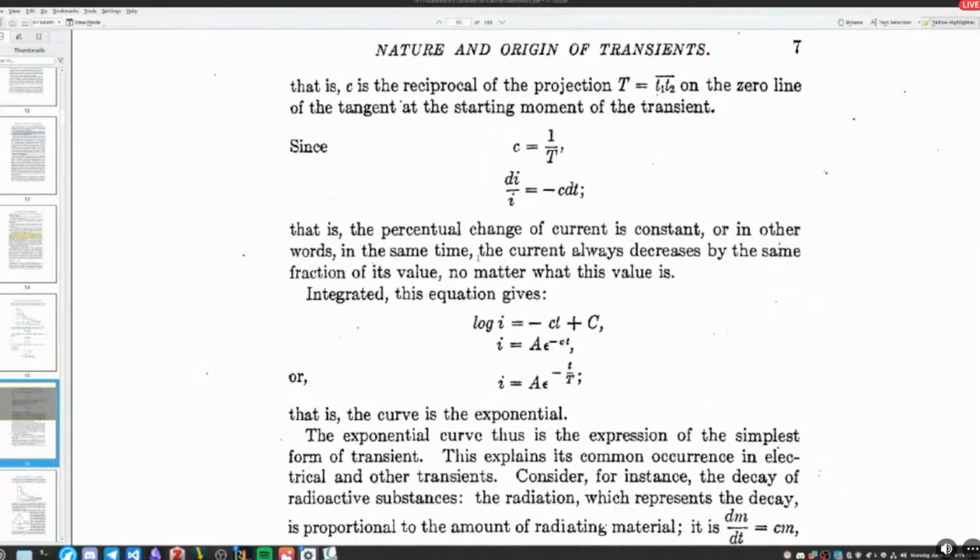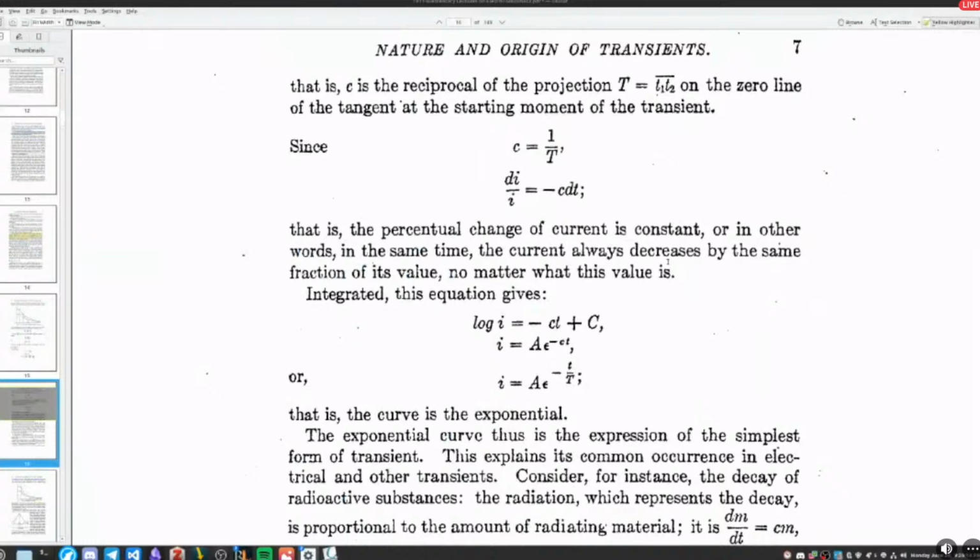Since c equals 1 over T, di over I equals negative c dt. That is, the percentual change of current is constant, or in other words, in the same time the current always decreases by the same fraction of its value, no matter what this value is.